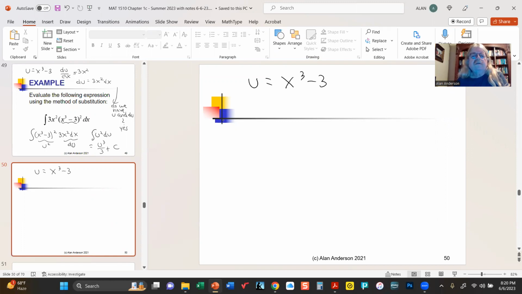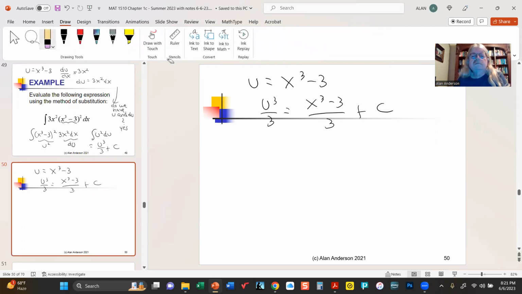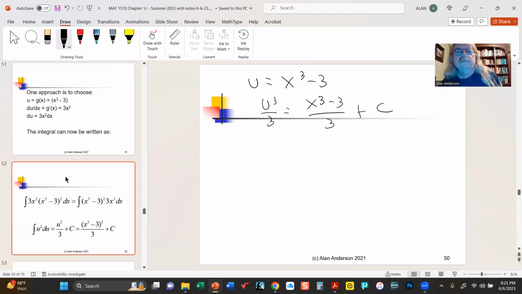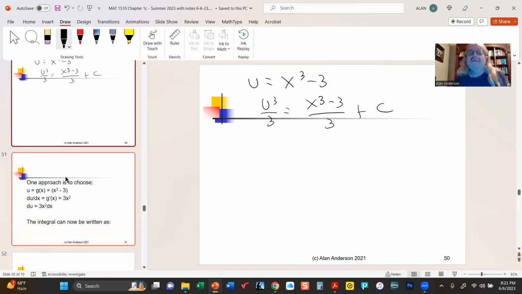And so therefore, that should do it. Oh, sorry, I missed the cube. So there it is. Okay, great.